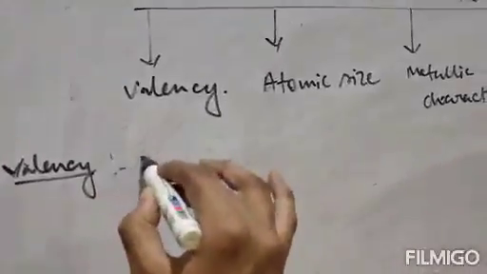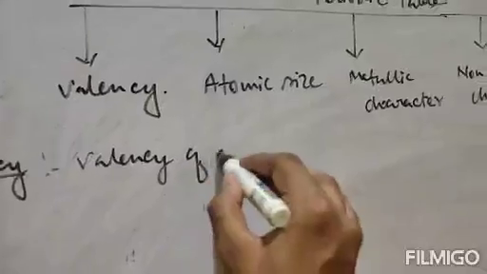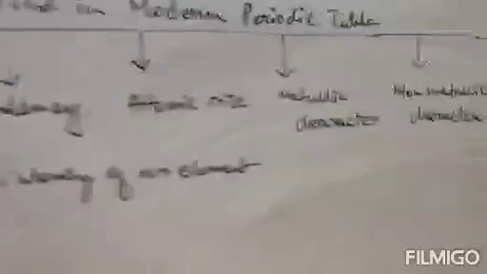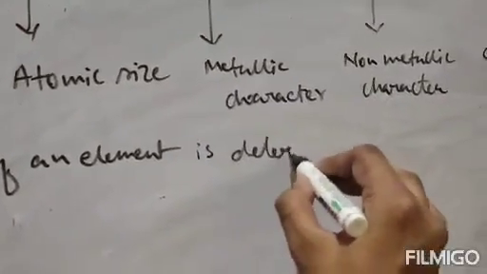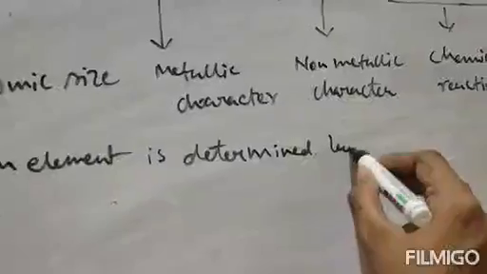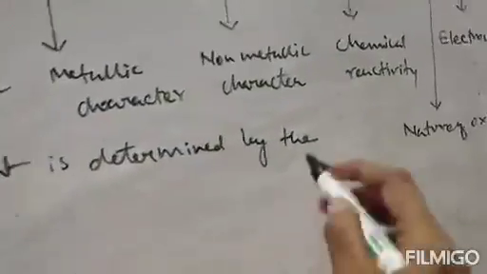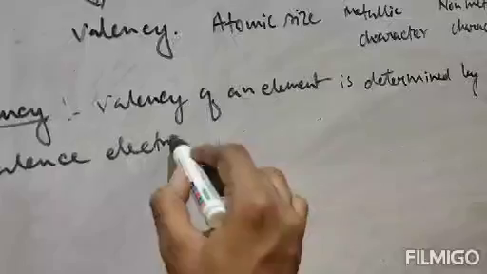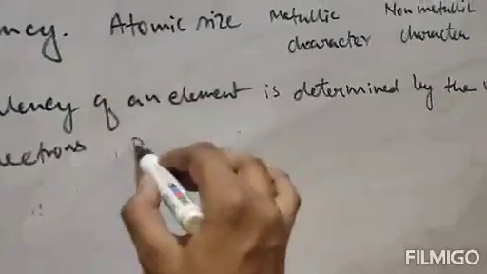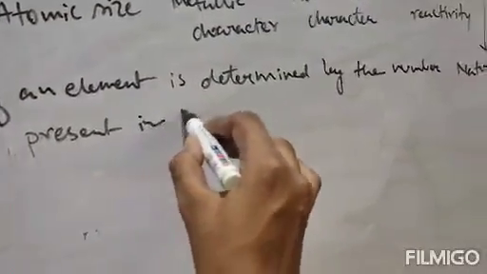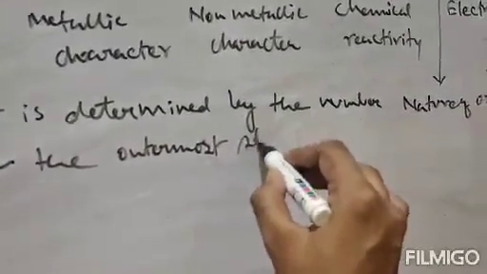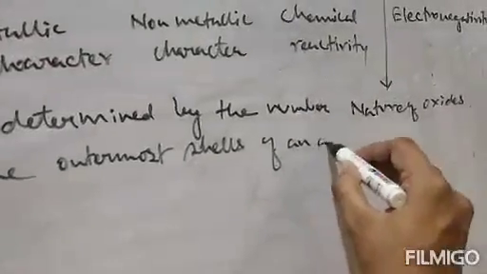So the valency of an element is a property determined by the number of valence electrons present in the outermost shell of an atom.